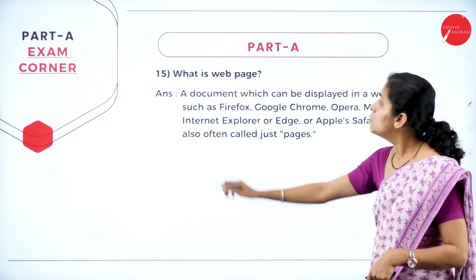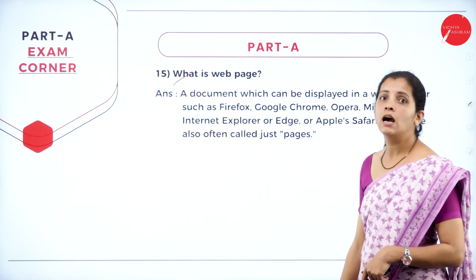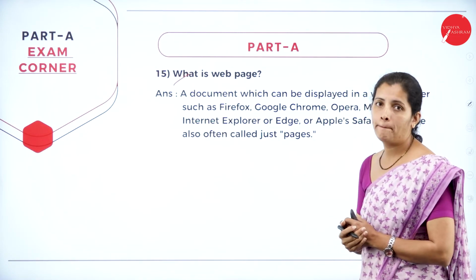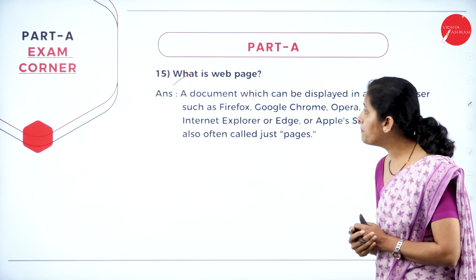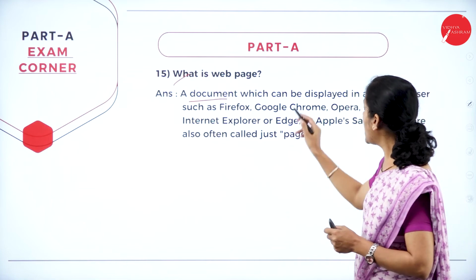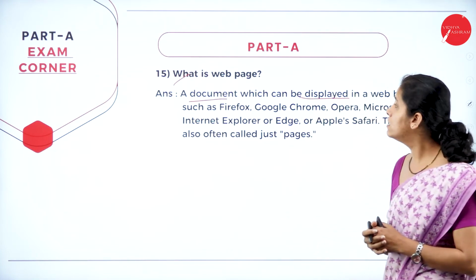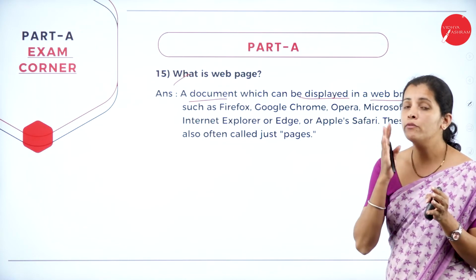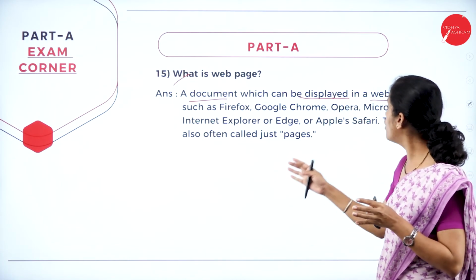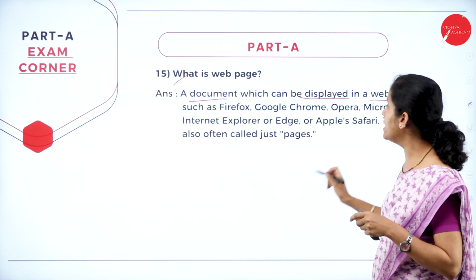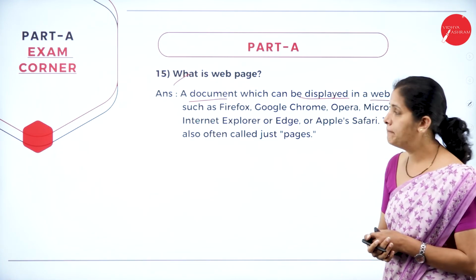And the last question under part A is, what is web page? So what is this web page? A document which can be displayed in a web browser. So dear student, if I want to display any document in a web browser, then it is called a web page.